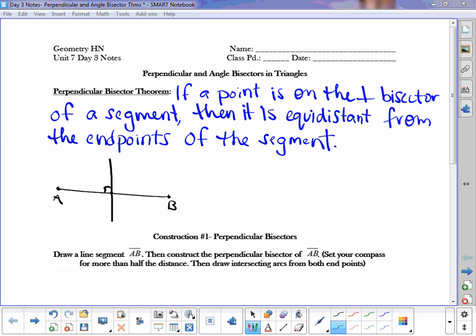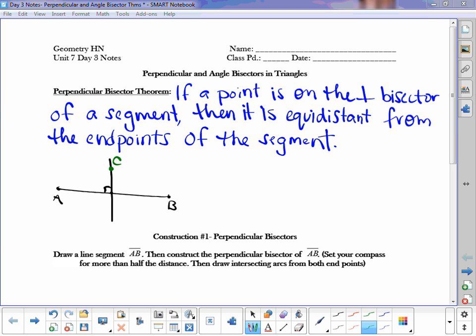Now what this theorem says is that if a point is anywhere on that perpendicular bisector, then it should be the same distance away from the endpoints. So go ahead and pick where you want to put your points. You can go above, you can go below, you can go super high above, very close to it. Either way is fine. I'm just going to stick it right above.